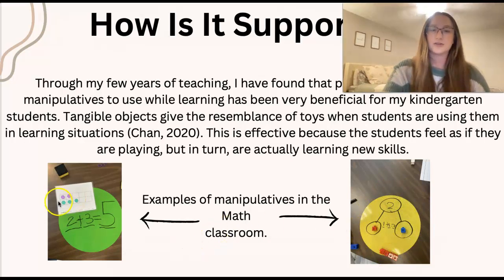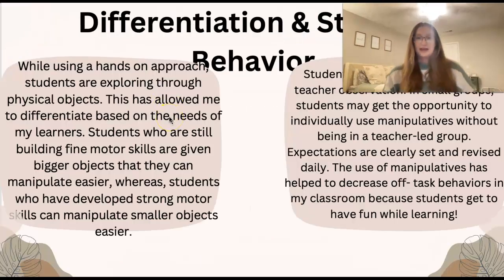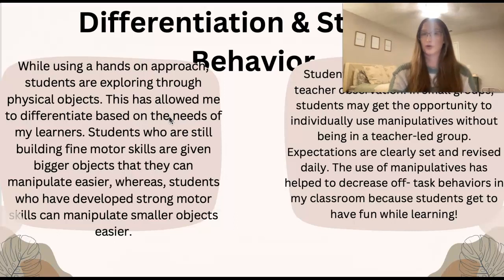And then these are students that already have strong motor skills. And then again, expectations are set and clearly revised daily with manipulatives. My students know that these are not actual toys, but they get to explore using them and being able to play with them productively.